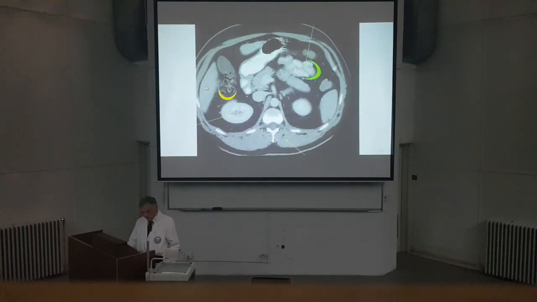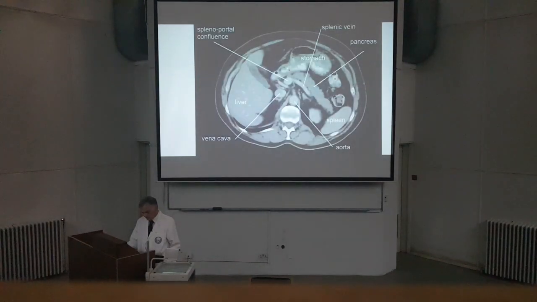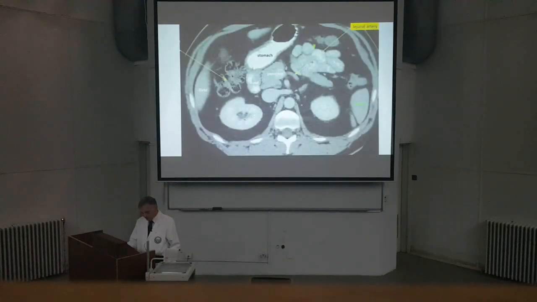The large intestine under cover of the liver is the hepatic flexure. Here is the transverse colon. On the left, these are parts of the splenic flexure and descending colon.